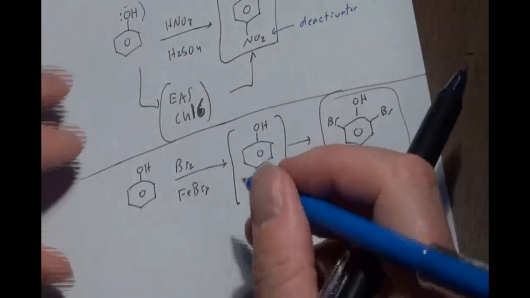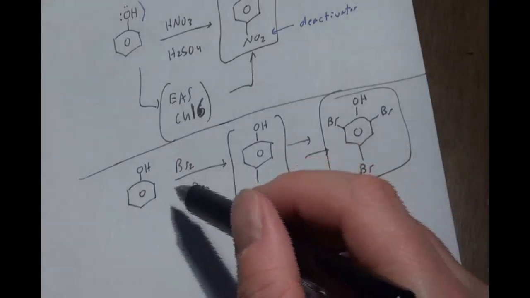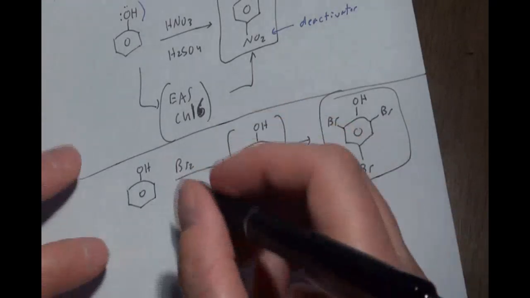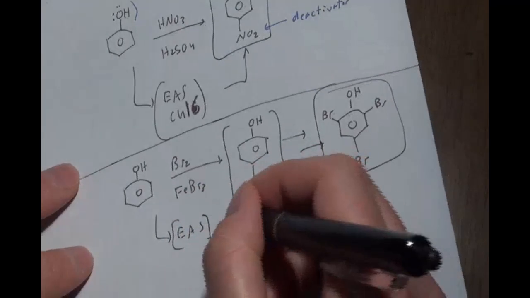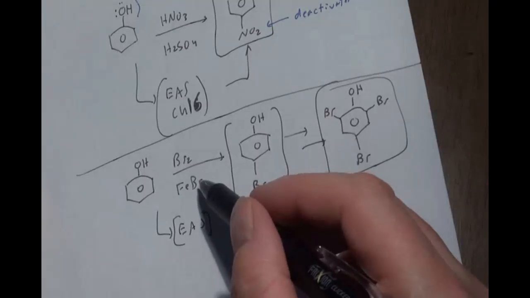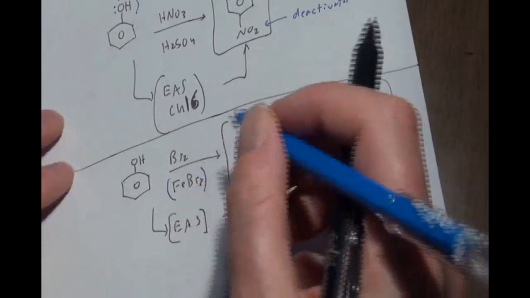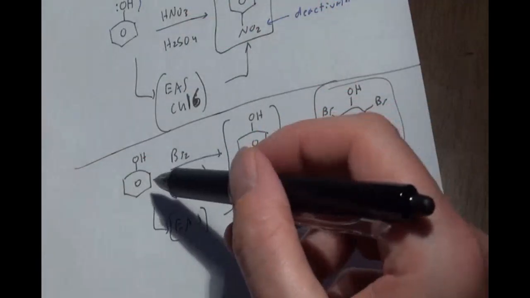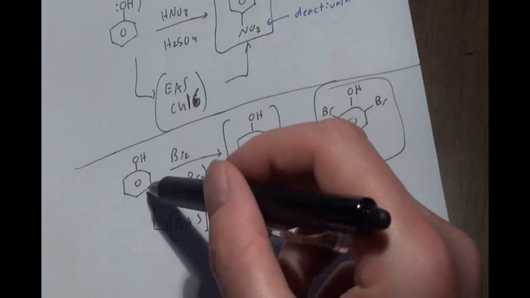One other interesting thing about phenols: we learned when we did EAS reactions that you need Br2 and FeBr3, right? Well, interestingly, this phenol is so reactive that you don't even need the FeBr3.